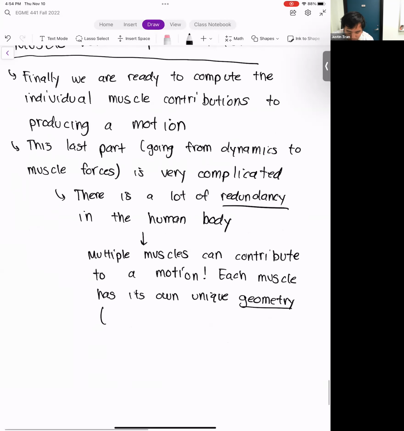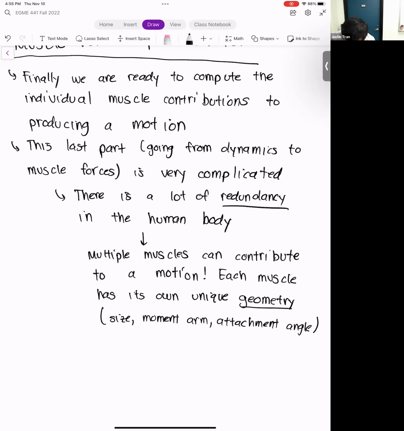By geometry, I mean things like the size and length, but also the moment arm and attachment angle. Let me bring up an example.